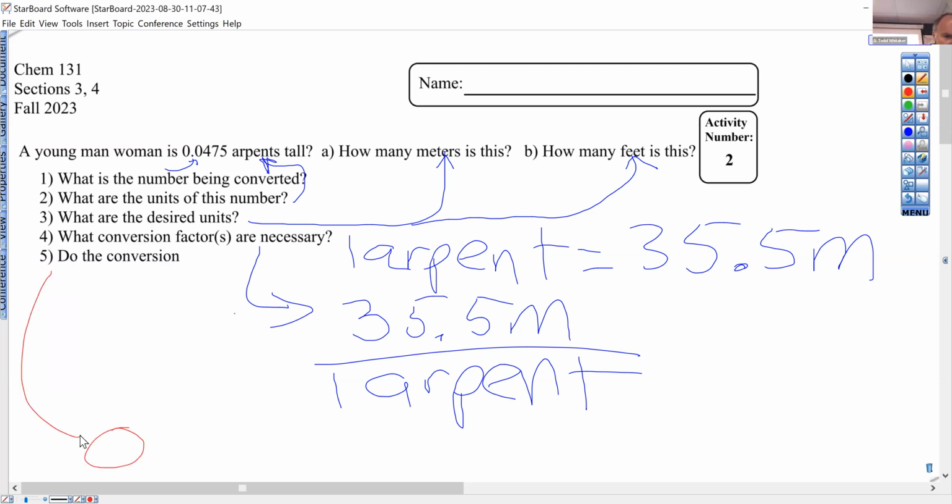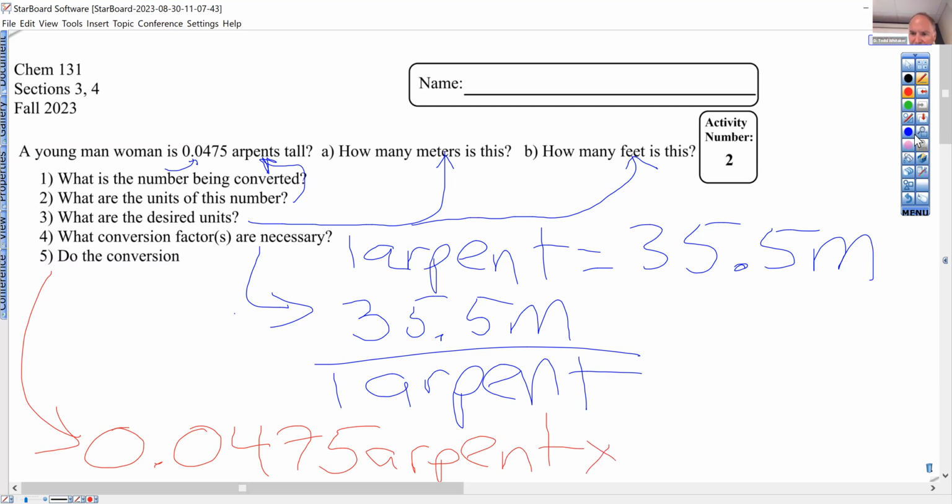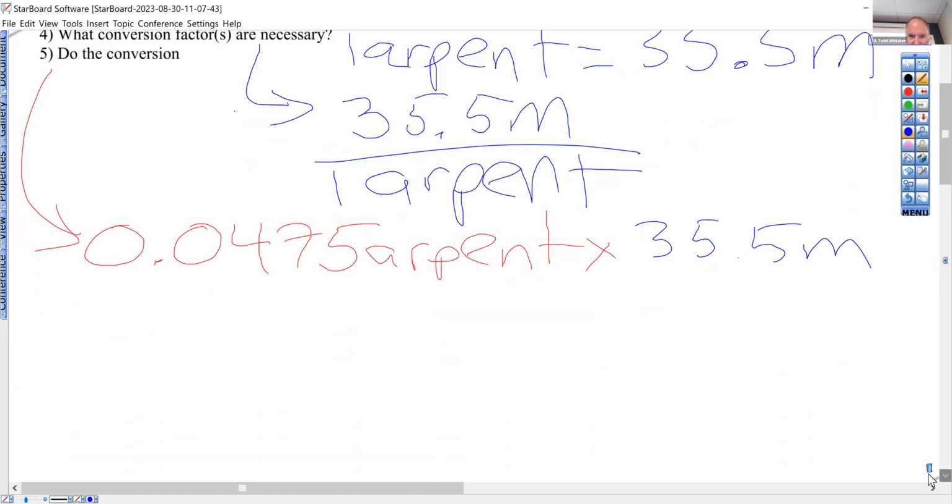This is the conversion. 0.0475 Arpent times the correct conversion factor, which you already picked out, 35.5 meters for every one Arpent.